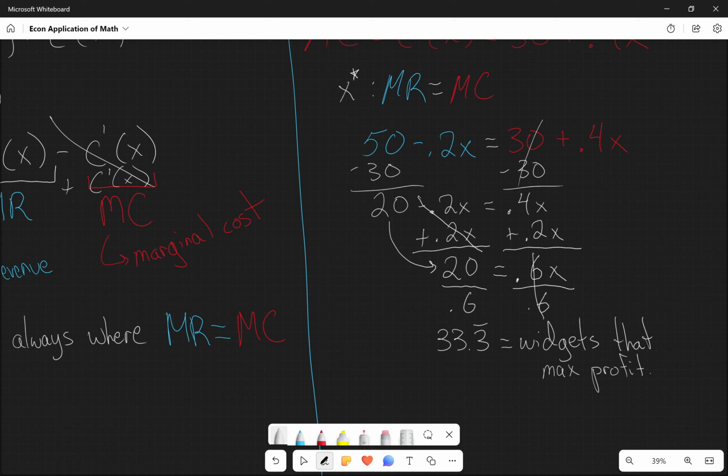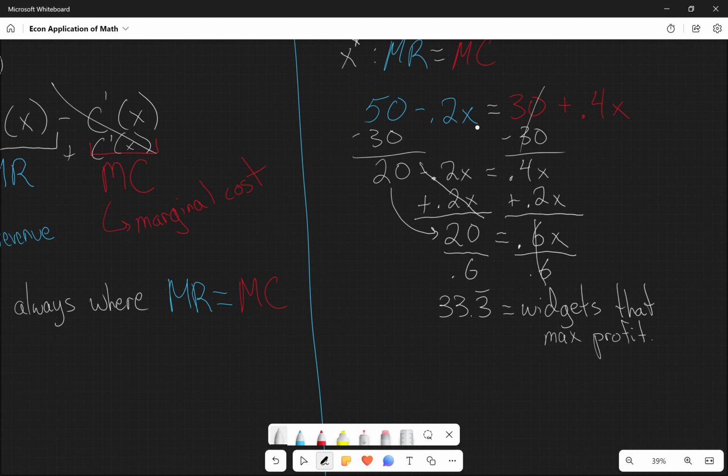So the answer, if it was a multiple choice test, or even a short answer test, would not be 33.3 widgets, right? You'd only use decimals if we're talking about pounds of wheat or corn or something like that, things that are actually divisible. So you would just say it's the 33rd widget. So we're going to do 33 widgets because that's the last one with a marginal revenue greater than the marginal cost.